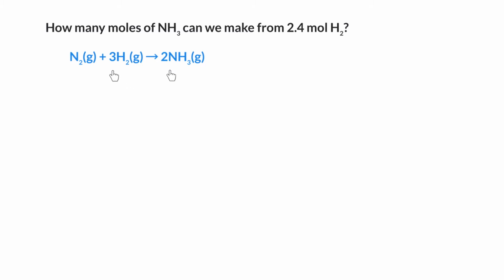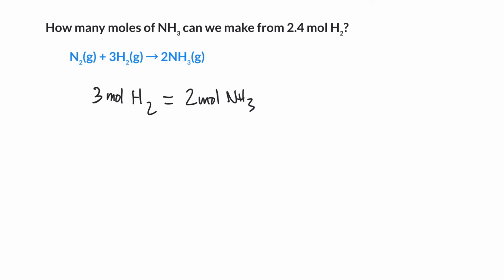So I got my 2 pointy fingers here. I got 2 moles of ammonia are made from 3 moles of hydrogen. So we can write that as a conversion factor: 3 moles of hydrogen equals 2 moles of ammonia. We basically just took our fingers and pointed one there and the other there.